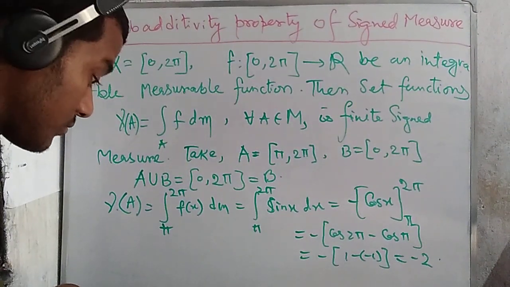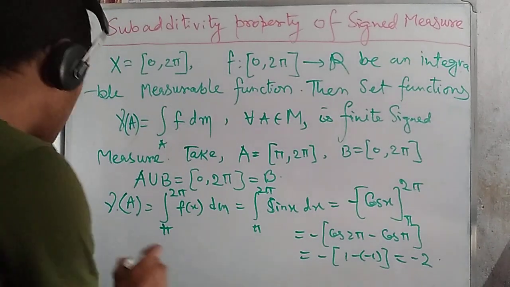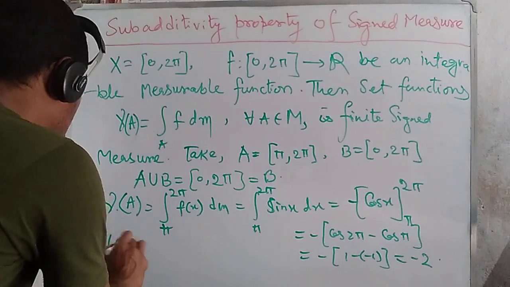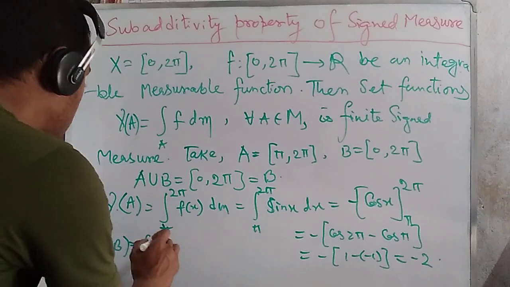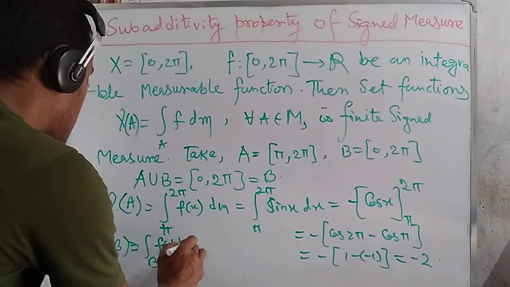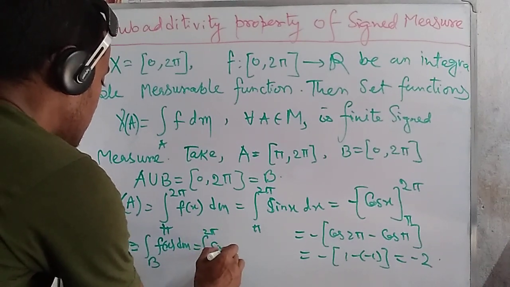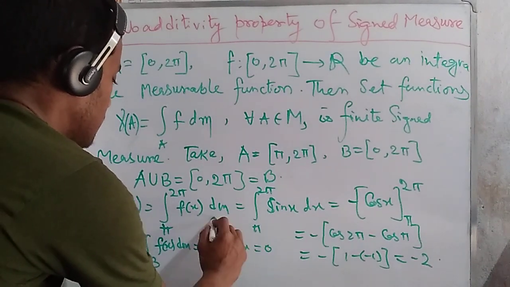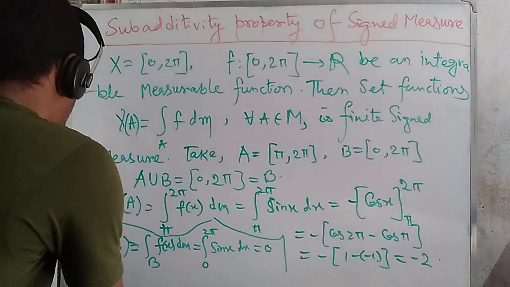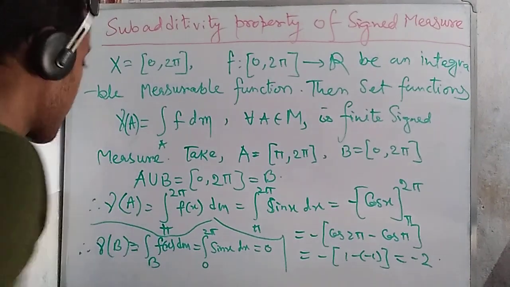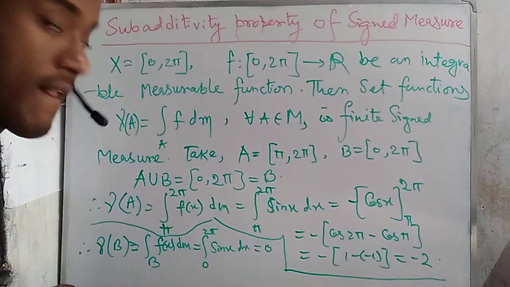And gamma B equal to the integration over B of f x dm, equal to the integration from 0 to 2 pi of sin x dx, equal to 0.